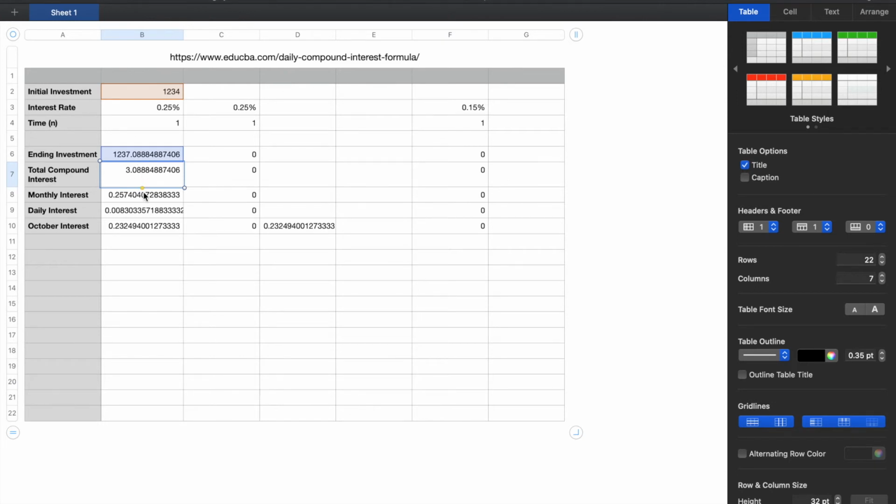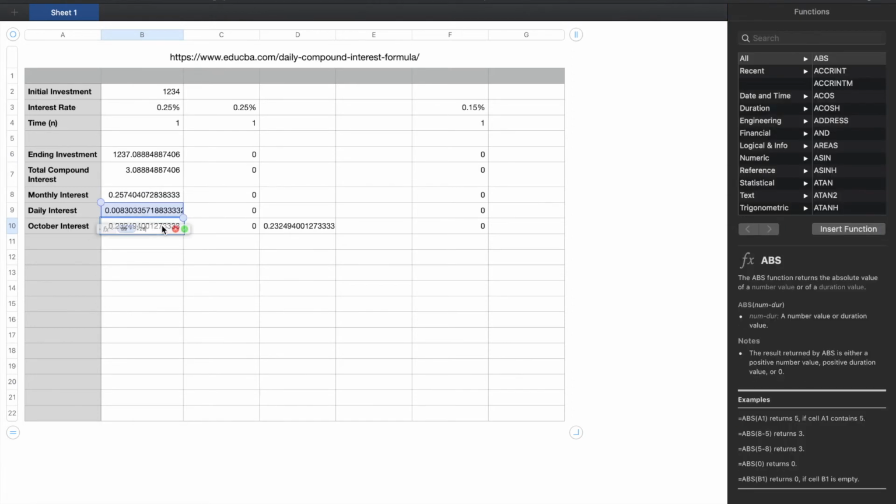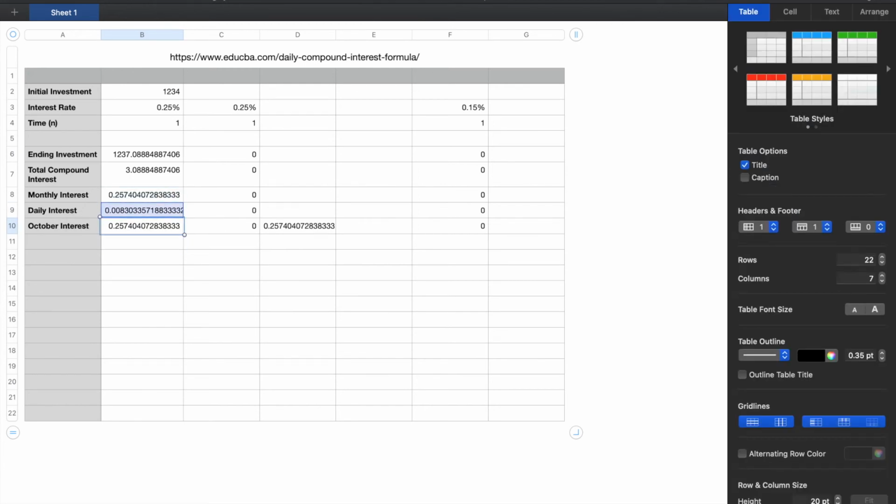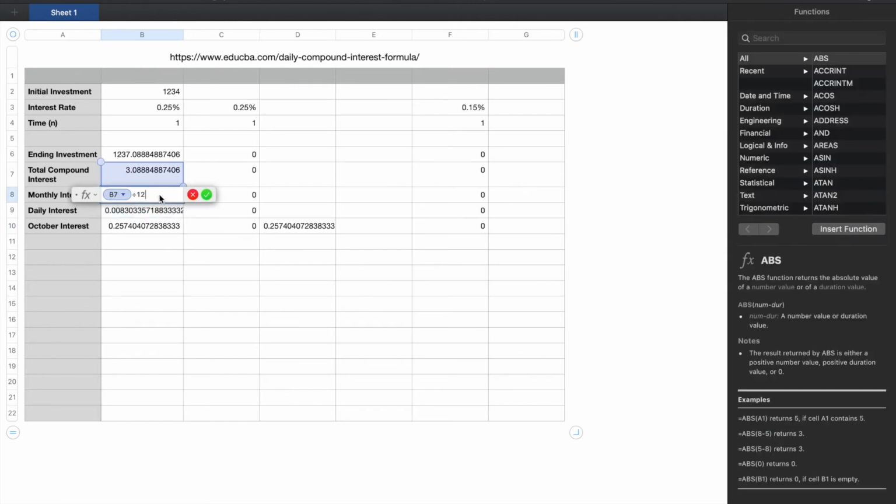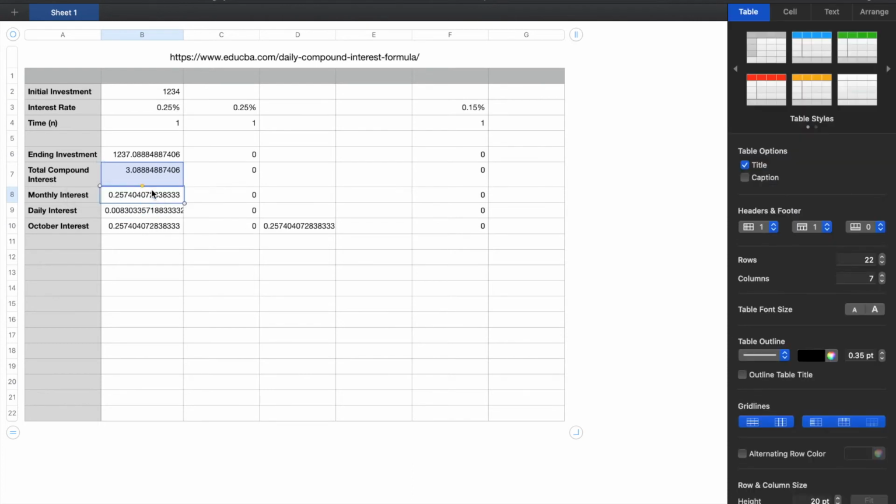Each month, I accrue 25 cents in interest, or less than a cent every day. If I have 31 days in October, I'll get 25 or close to 26 cents in October, which matches that. I'm not going to double check that math.